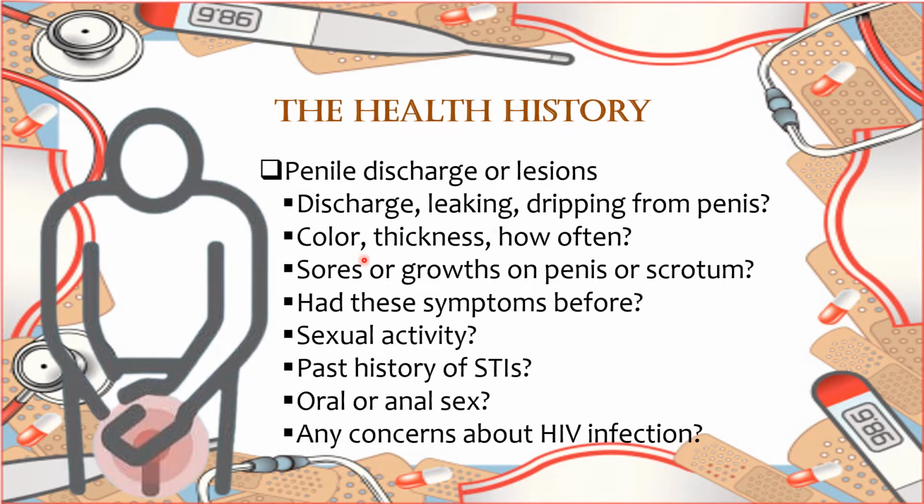What are the color, thickness, and how often, if of course these discharges are present? You can continue asking, is there a sore or growth on the penis or scrotum? Have you had the symptoms before? Are you sexually active? Or you can ask about sexual activity.